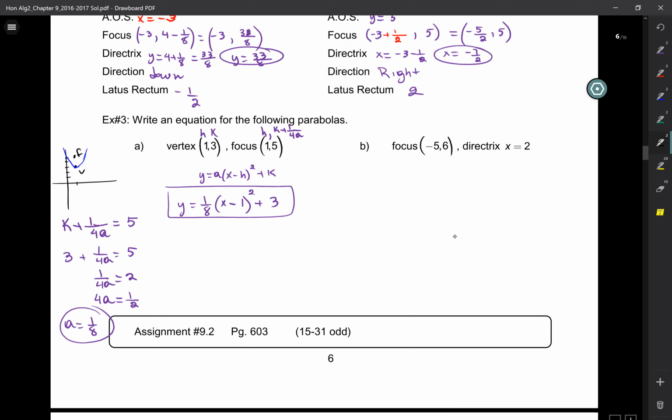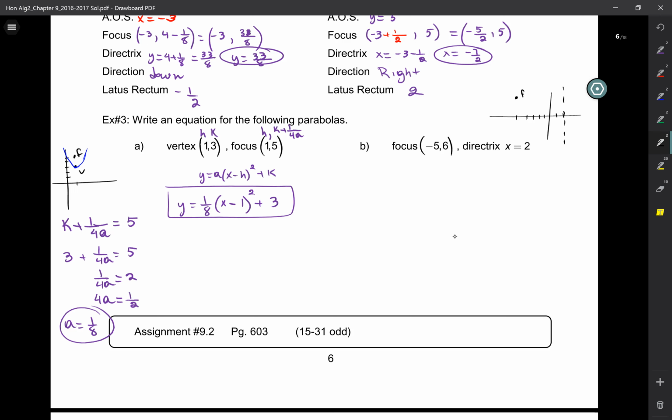This next one, I have the focus at negative 5 and 6, so let's just see how that looks. Negative 5 and 6, that's where the focus is. And the directrix is at x equals 2. Okay, so how does this parabola look? Which way does it face?